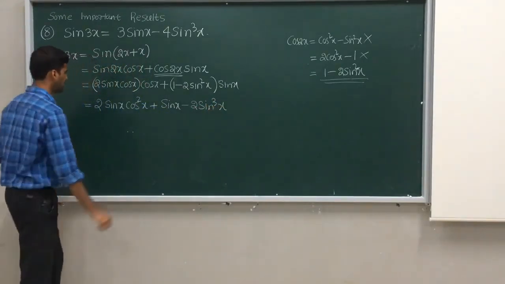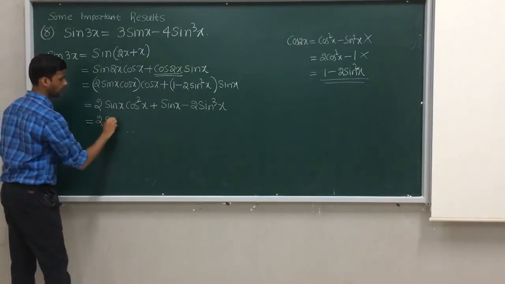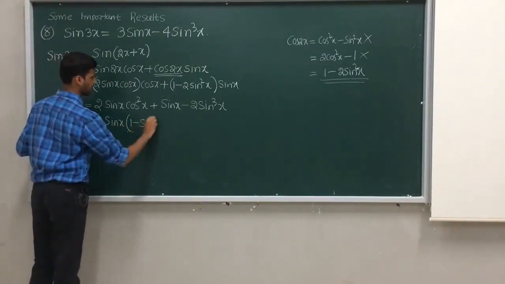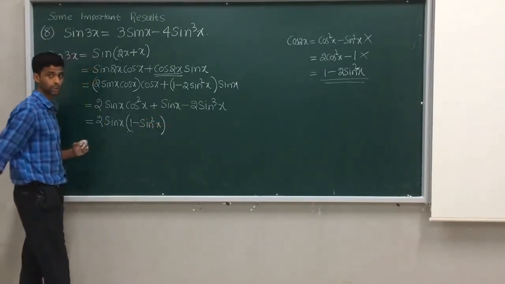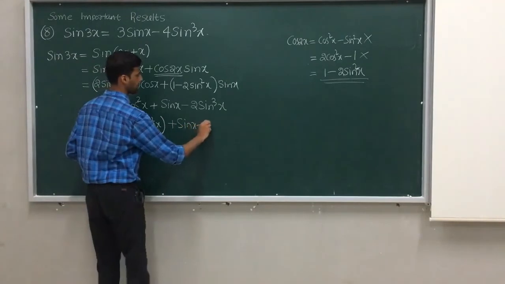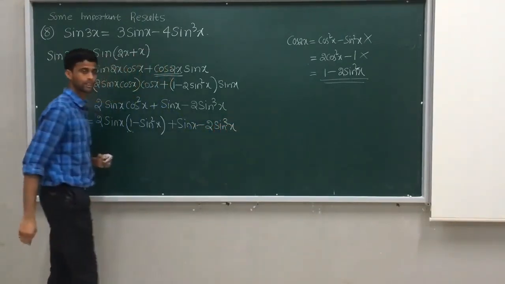Now I want the answer in sine. So what will I do? I will replace cos square x by the identity, that is 1 minus sin square x. Hope you understand, because sin square x plus cos square x is 1, plus sin x minus 2 sin cube x. Fine.